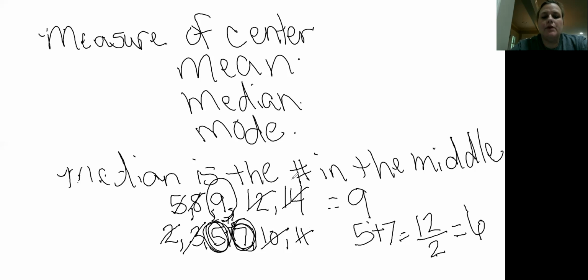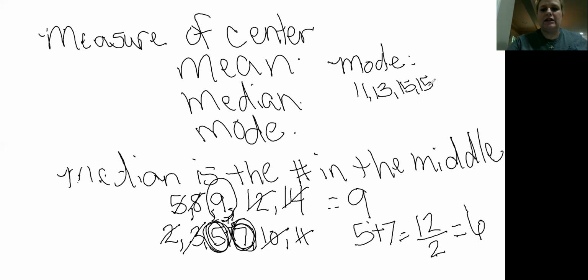And then for the mode, it's just the number that happens the most. That's it. So take a look at this data set under the definition of mode. You have 11, 13, 15, 15, 18, 21, 24, 24.